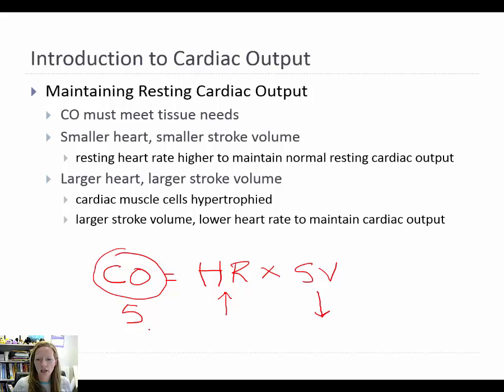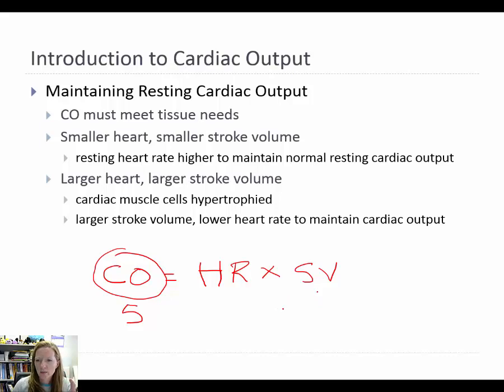Now let's take a look at what happens with larger hearts. I'm going to go in and erase these arrows because it's definitely going to change with these arrows here. If we have a larger heart, then that means a larger stroke volume here. Again, we want to make sure that we keep 5 liters per minute.